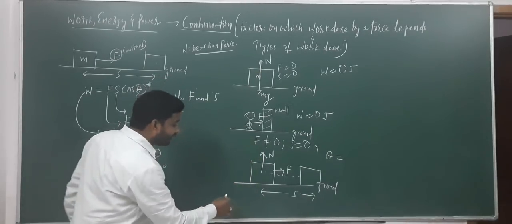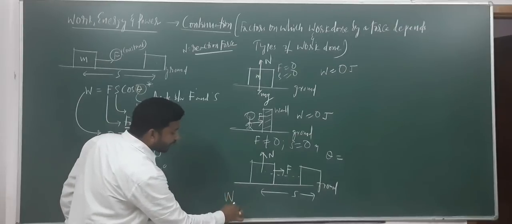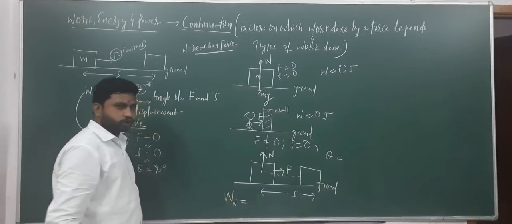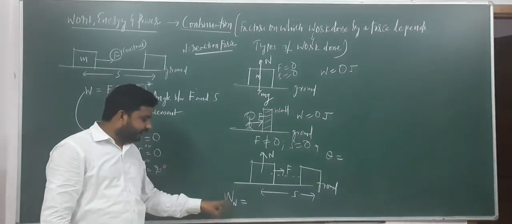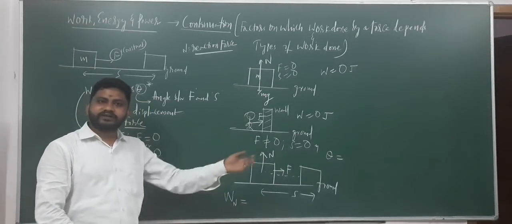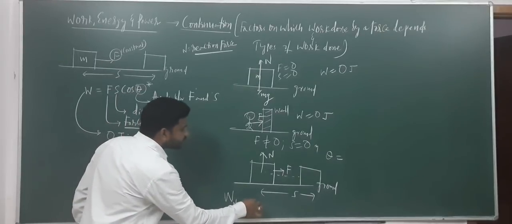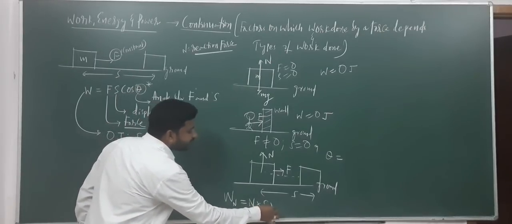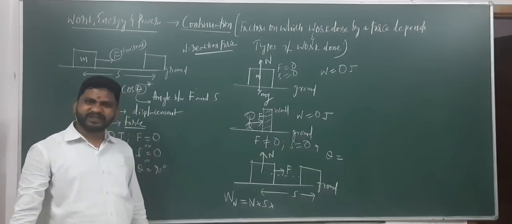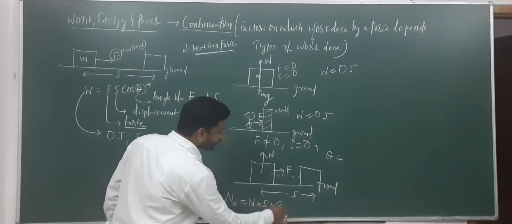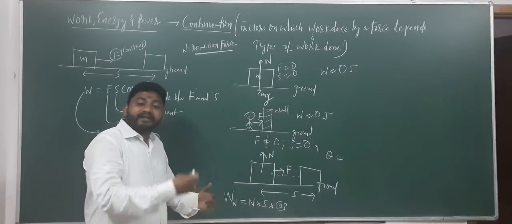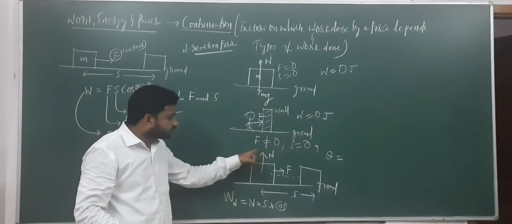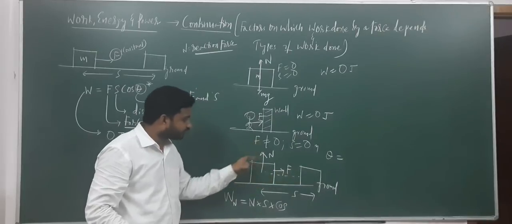I am going to find the work done by the normal force. So what is the normal force? N into, what is the displacement? S into, what is the cos angle? Cos theta. What is theta here? This is the force and this is the displacement.